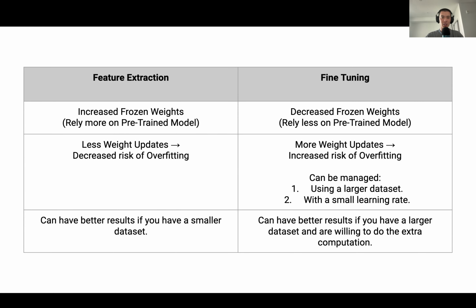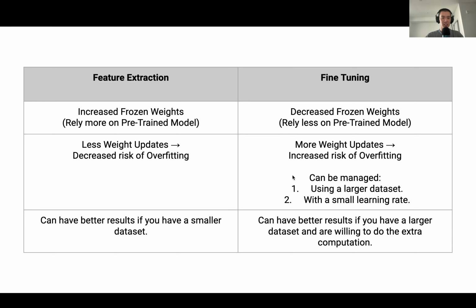So here's a table comparing feature extraction and fine tuning, which I will read over. In feature extraction, there's increased frozen weights, so you rely more on pre-trained model, whereas for fine tuning, there are decreased frozen weights, so you rely less on pre-trained model. In feature extraction, there are less weight updates, so there is a decreased risk of overfitting, whereas for fine tuning, there are more weight updates, so there is an increased risk of overfitting.